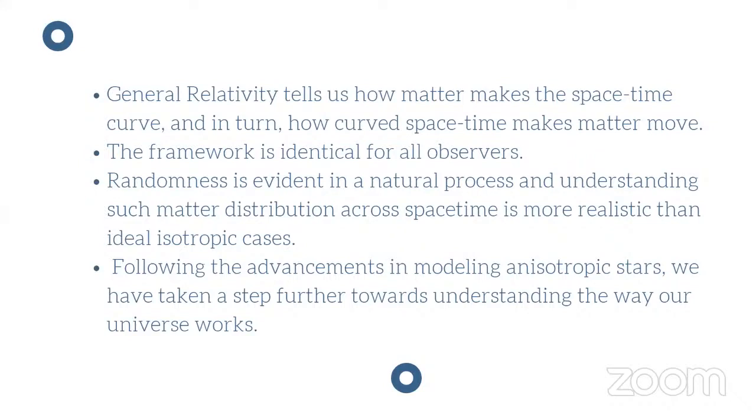The randomness or the anisotropy in the distribution of the fluid content within the star is evident because that is a fact in nature, and understanding it is more realistic.